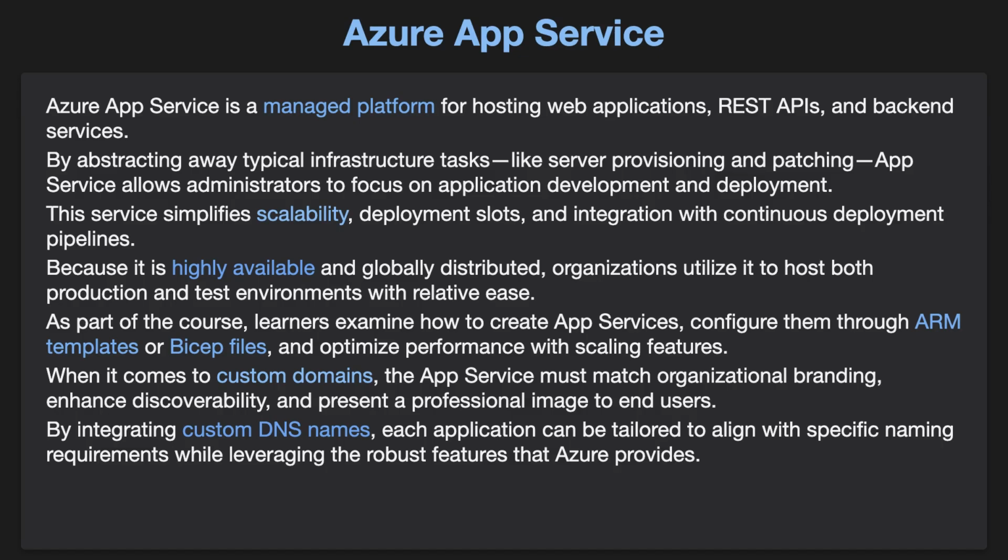Because it is highly available and globally distributed, organizations utilize it to host both production and test environments with relative ease. As part of the course, learners examine how to create App Services, configure them through ARM templates or Bicep files, and optimize performance with scaling features.